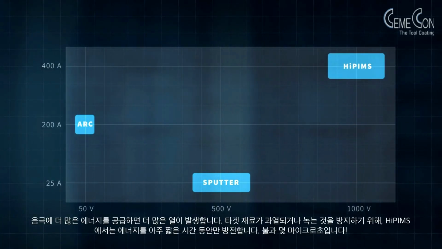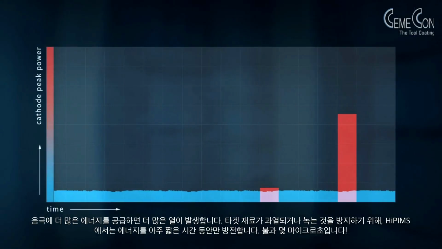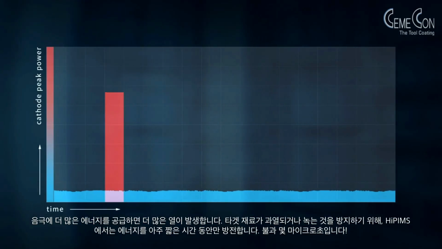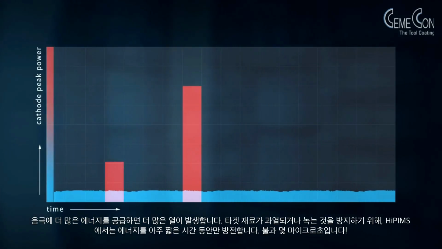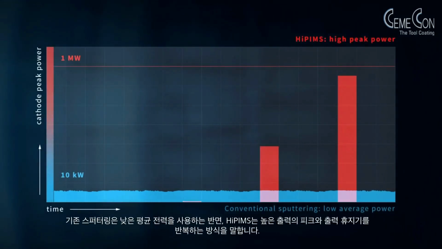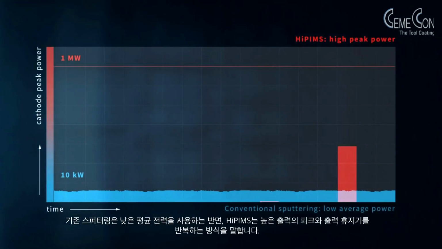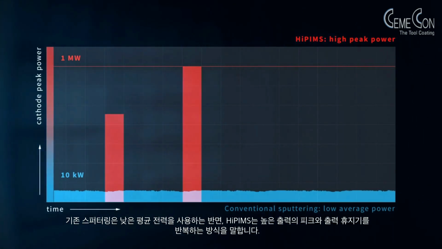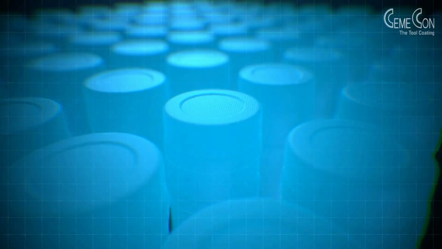However, more energy on the cathode also generates more heat. To prevent the target material from overheating and even melting, the energy in HiPIMS is discharged only very briefly, a few microseconds. Conventional sputtering means low average power. HiPIMS means high power peaks followed by power pauses.